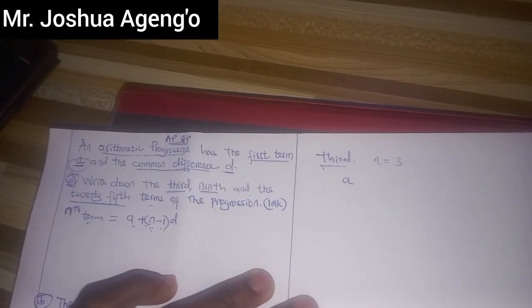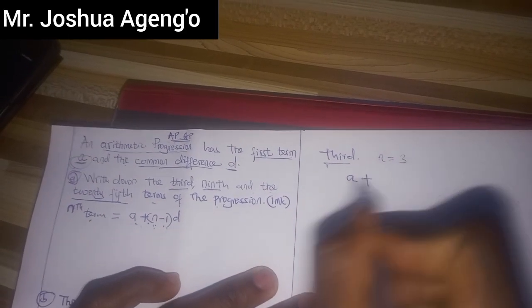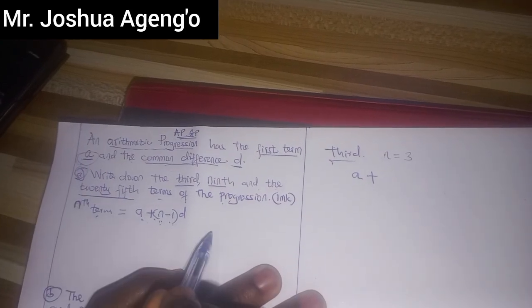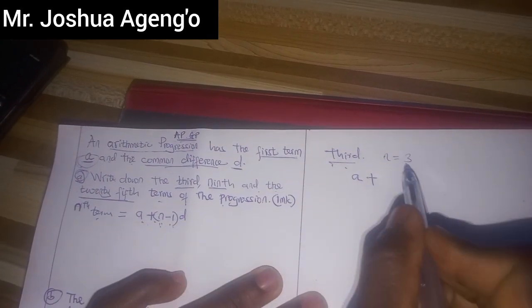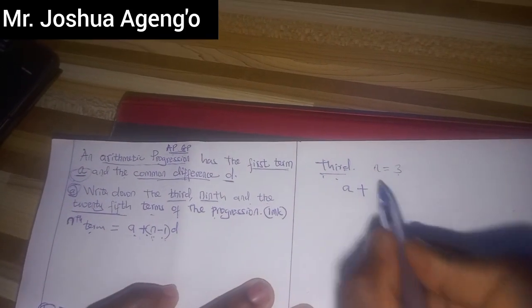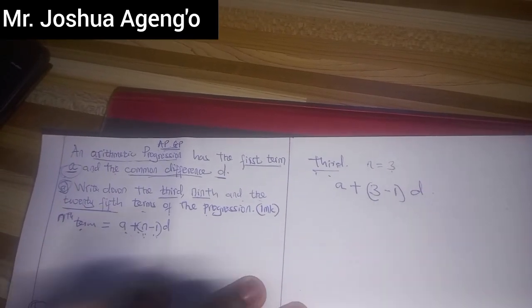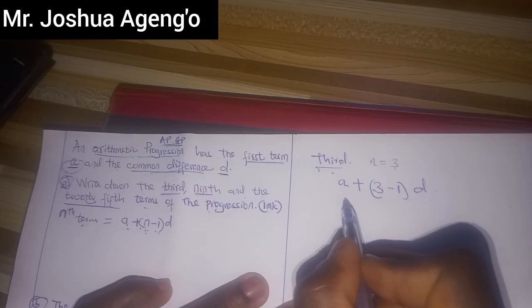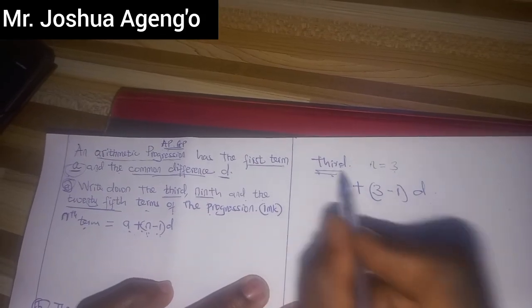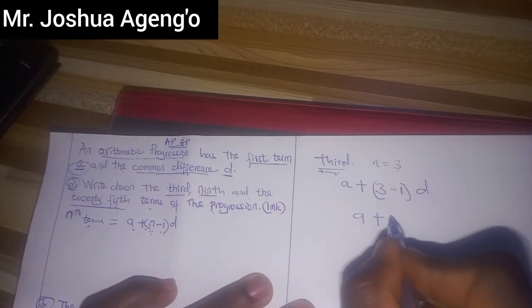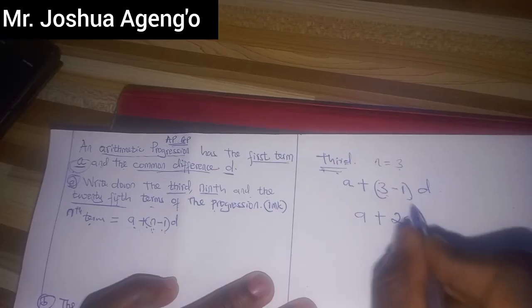A is unknown, plus n. A and D are unknowns. N is the position. N here is 3. So we'll have 3 minus 1, then times D. D is also unknown. So the answer for the third term will be A plus 3 minus 1, which is 2, D.